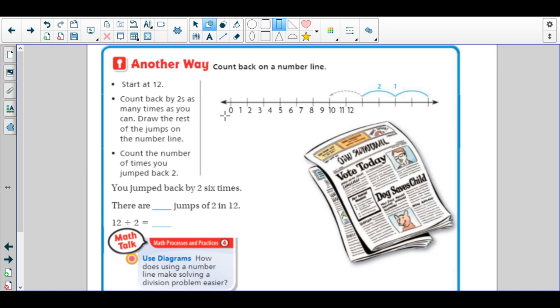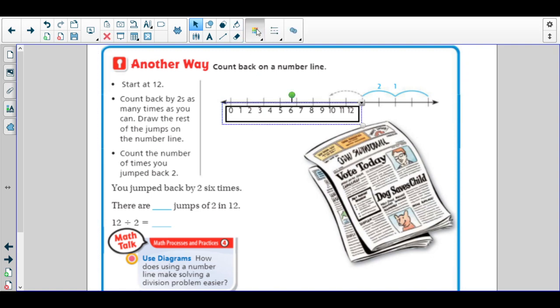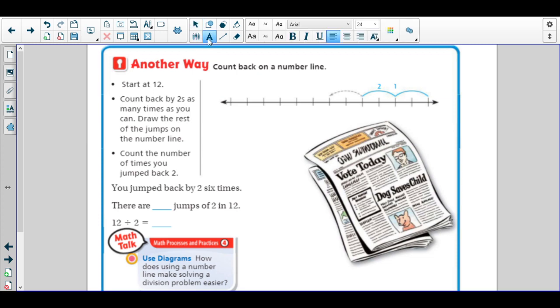You know what? We'll go ahead and just put a big old patch over top of this so we can't see anything. There we go. Okay, so if we had to get our number line stuff right in here, okay, we're looking at a 12 right here.